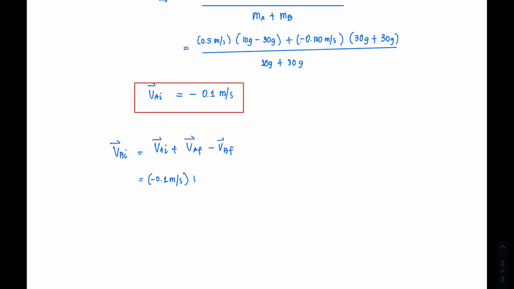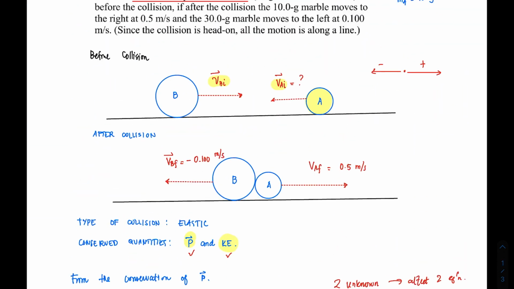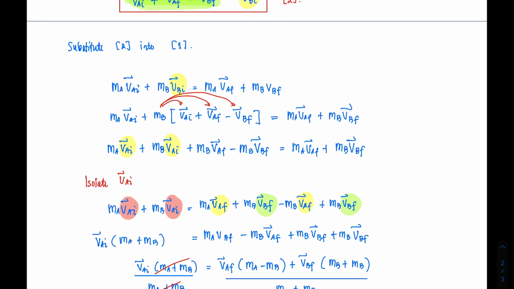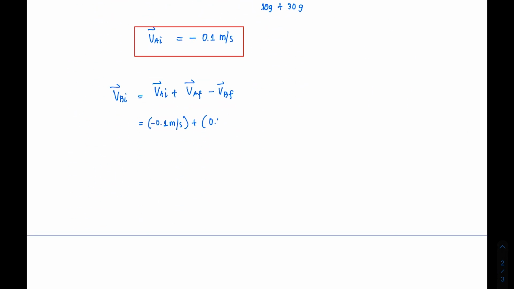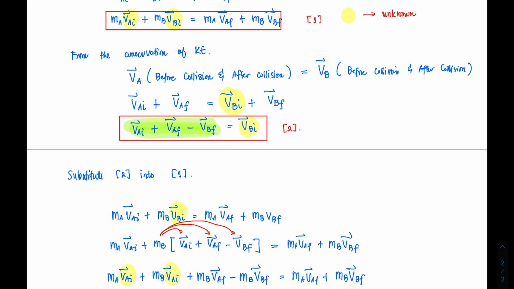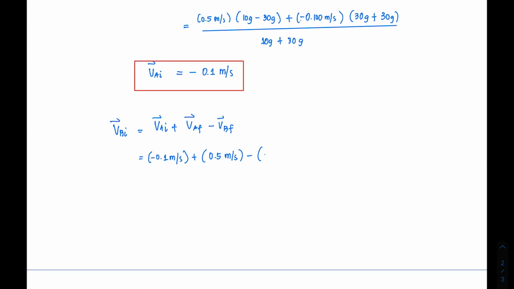Okay, so continuing, VAF, going back to the problem, is actually moving towards the right at 0.5. So I'm just going to substitute 0.5 over here. Now minus VBF. Your VBF is moving towards the left, so that will be minus negative 0.100 meters per second.